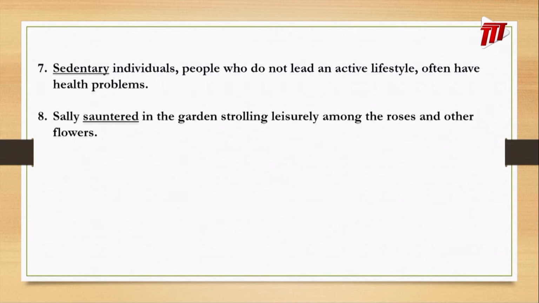So, sauntered is a verb and strolling leisurely is the verb that actually means the same as sauntered. There's no actual hint word or signal word there to help us, but reading the sentence, you can see clearly that she sauntered in the garden and strolled leisurely. They mean one and the same. So sauntered and strolling leisurely mean the same.